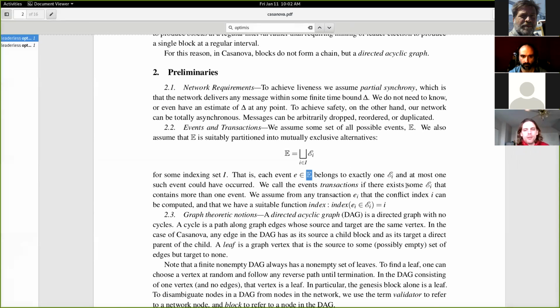Oh, yeah, right. I always struggled on this part, too. This word event, is that referring to little e or script E? Because it seems super weird to say that at most one payment from Alice to Bob could have occurred. Is event maybe a collection of transactions? Maybe, yeah. We call events transactions if there exists some script on it.